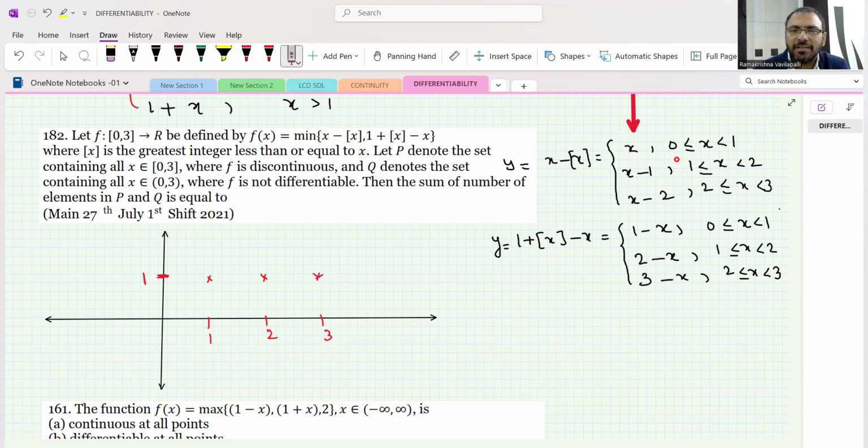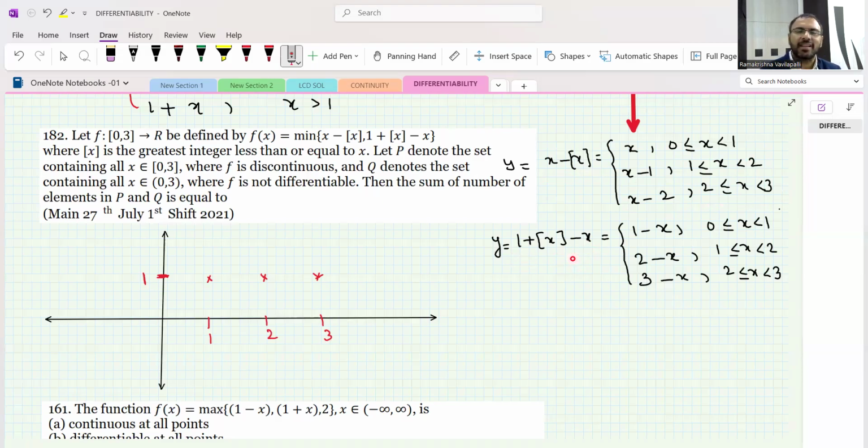Between 0 and 1, integral part of x is 0, therefore it becomes x. Between 1 and 2, integral part of x is 1, so it becomes x minus 1. Between 2 and 3, integral part of x is 2, so it becomes x minus 2. You can apply the same logic to express 1 plus integral part of x minus x.